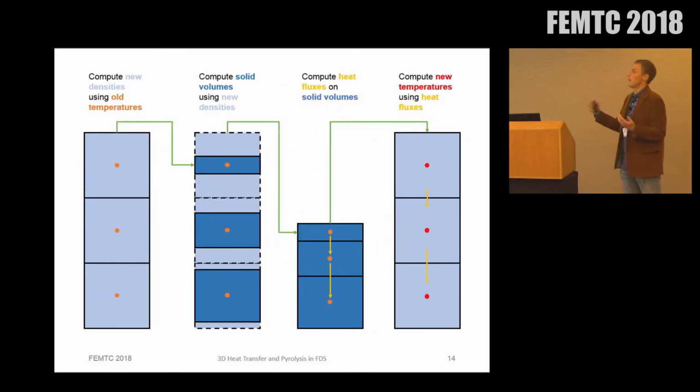So how do we take that and move on in the code? We start off again with these Eulerian grid cells in FDS, and we have the densities and temperatures. The first step, using the formula I showed on the previous slide, is to compute some new volumes based on the densities from the pyrolysis model.